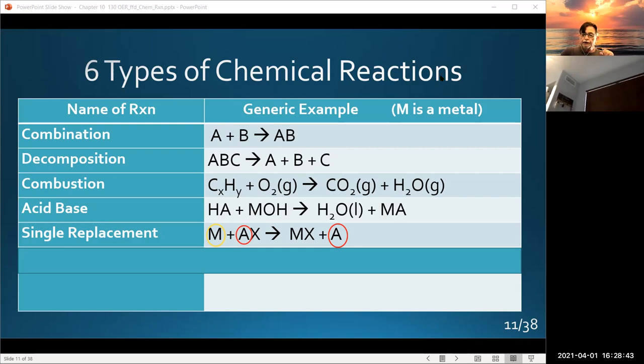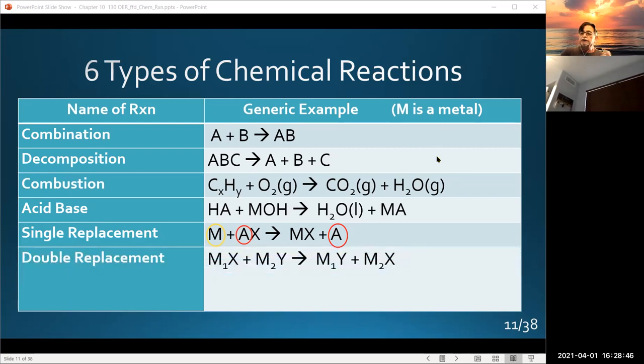The last one, we call it the double replacement reaction. Now, the subscripts 1 and 2 do not denote that there are two M's or one M. They denote that there are two different types of metals. So we have metal 1, which is bonded to X, and I'll highlight that and give it a red color.